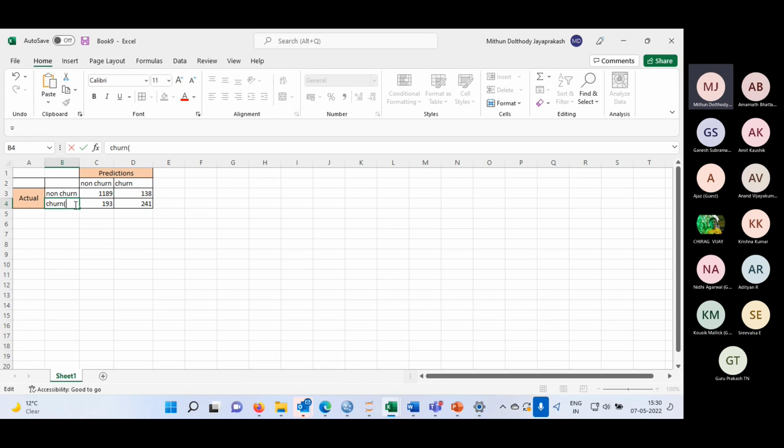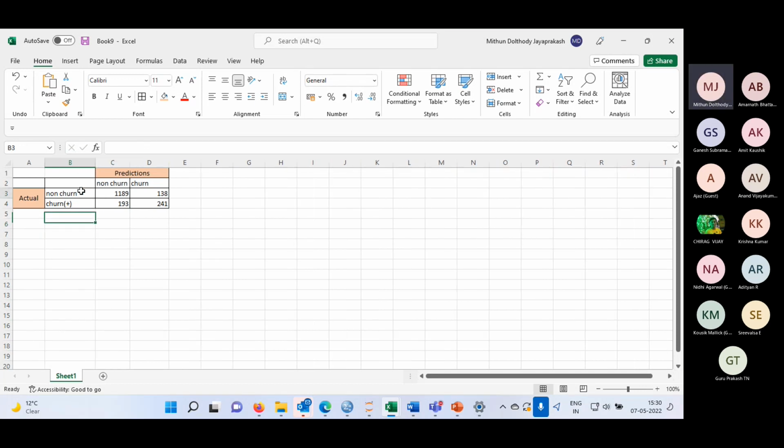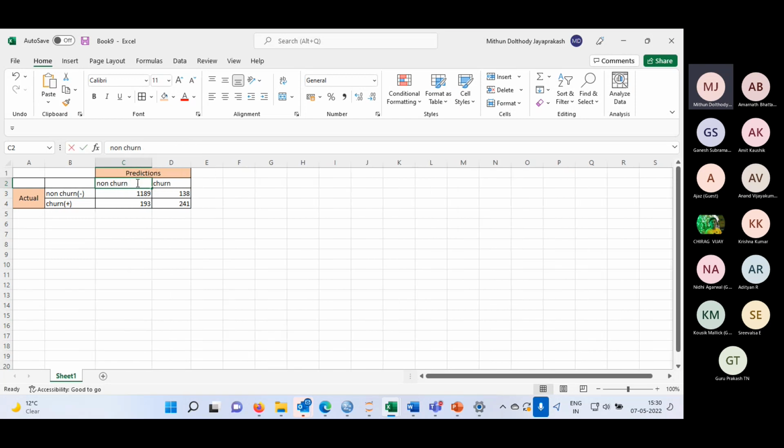This guy is the positive category. So in the bracket, what you will have is the negative category. The leftover category must be negative, right? Non-churners, how do I call them?